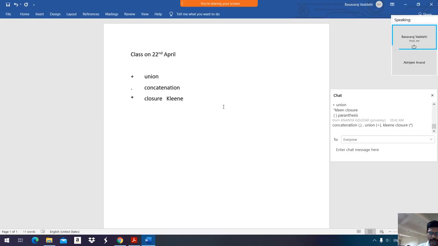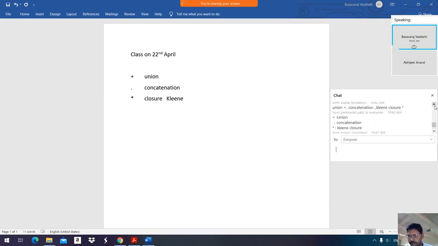These are the three operators, and let me know what is the hierarchy of these operators. What is the precedence of these operators? Now all of you type in the chat window which is first, which is in the middle, and which is the last.